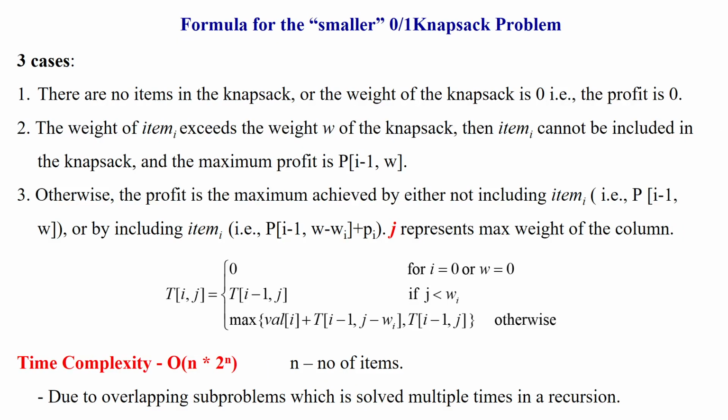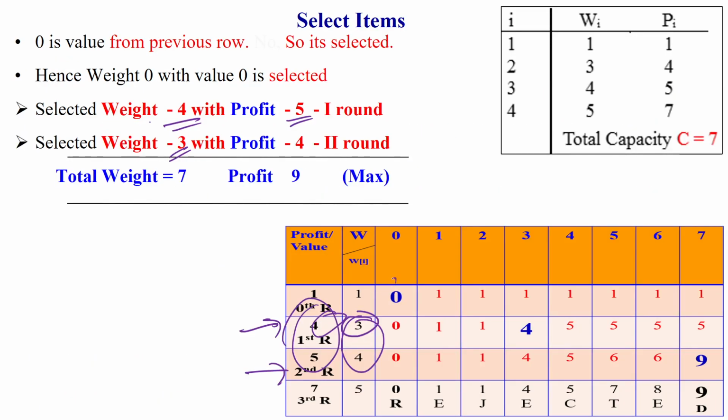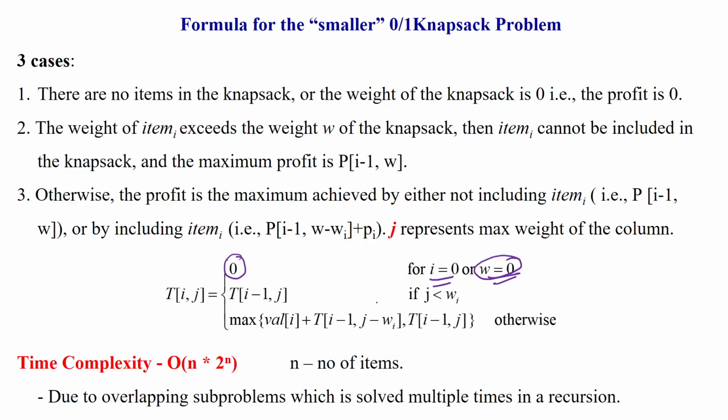In this algorithm, when i equals 0 or weight is 0, that means no item is selected, so that value is filled with 0. That's what we have done here, this entire column. And t of i minus 1 comma j applies when the current product's weight is more than the maximum weight, so we cannot select it and we copy that value.